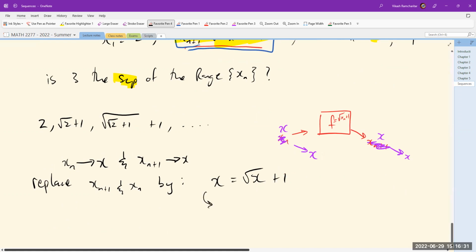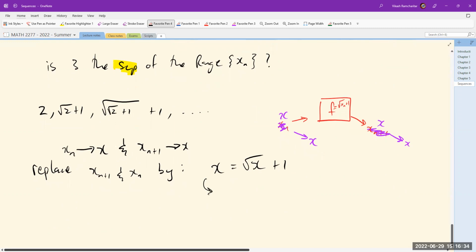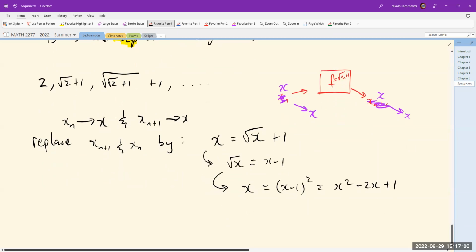How do we want to do this? We could square both sides. Actually, let me keep the square root on this side and put x minus 1 on the other side. Then let me square both sides. So I get x plus 1 equals x minus 1 all squared, which is x squared minus 2x plus 1. That gives x squared minus 3x plus 1 equals 0, I think.